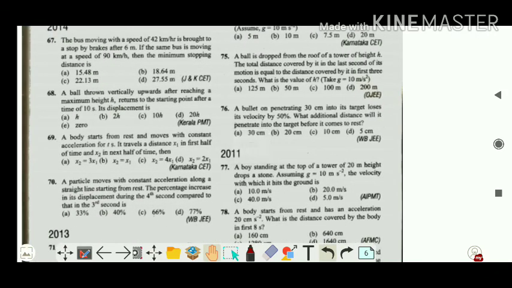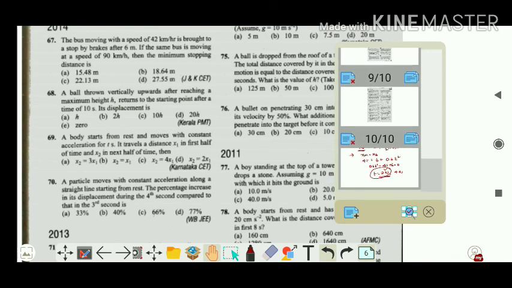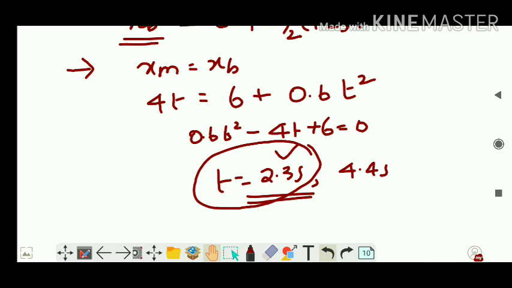A particle moves with constant acceleration along a straight line, starting from rest. The percentage increase in its displacement during the 4th second compared to that in the 3rd second. The question is actually easy, but since it's the first time you are doing the nth second question, I'm doing it.